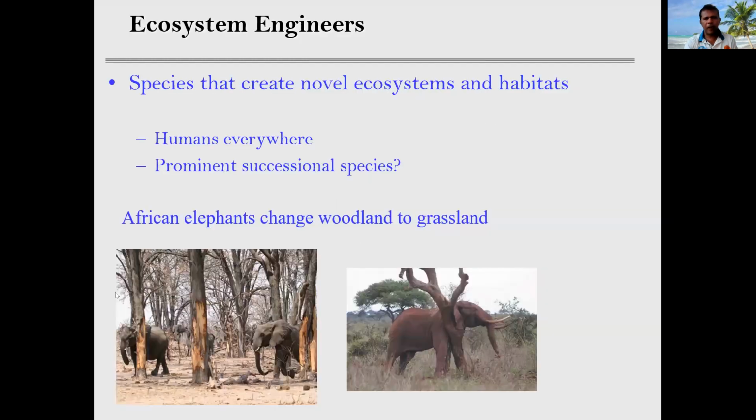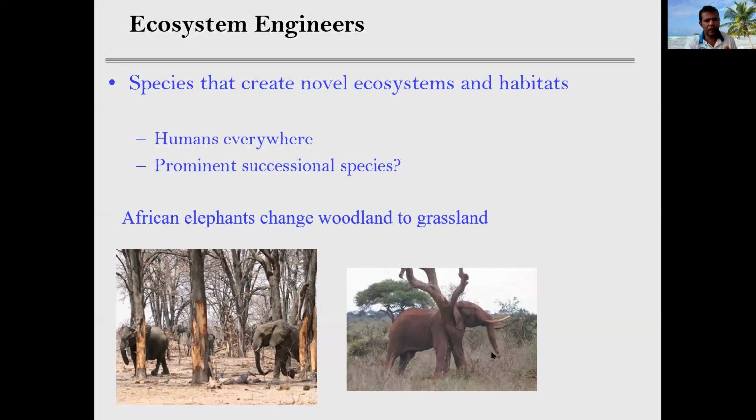Like elephants, right? They are considered ecosystem engineers because they change woodlands, this kind of forest, into a sort of grassland where a lot of other animals can survive.